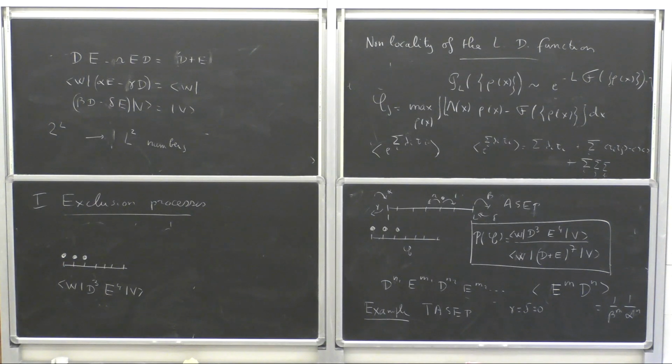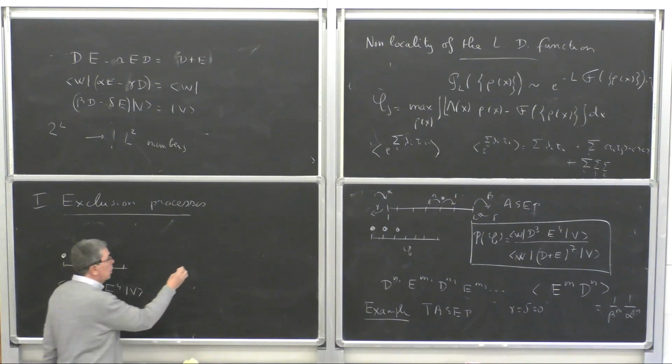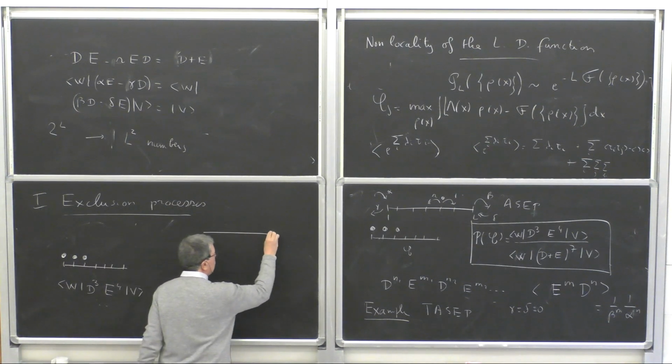Now a particle might leave here, a particle might move, a new particle can enter. So from this configuration there are a number of other configurations which can be reached, and I am going to draw all of them.